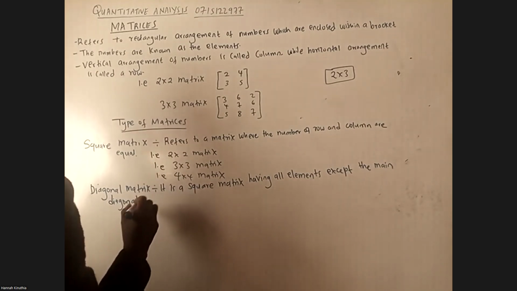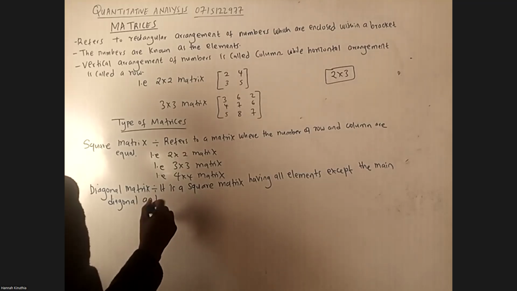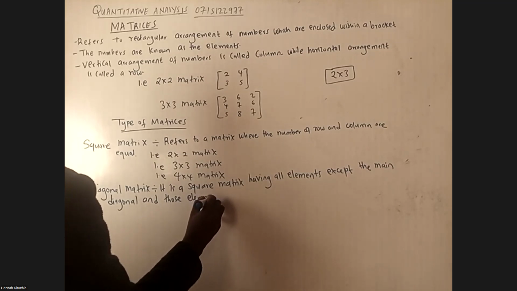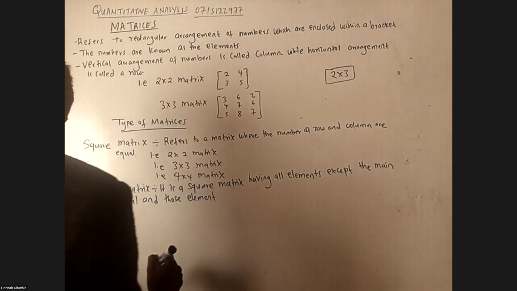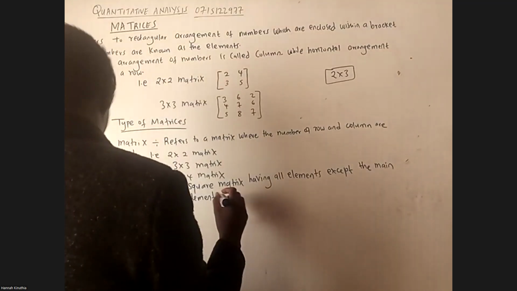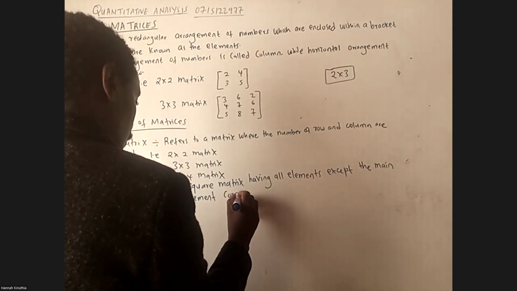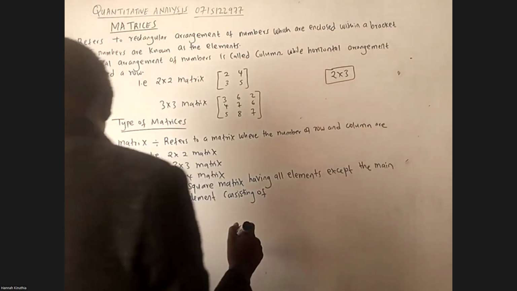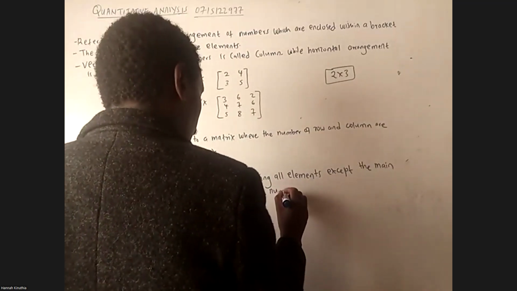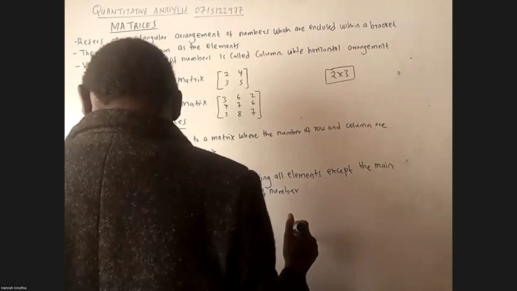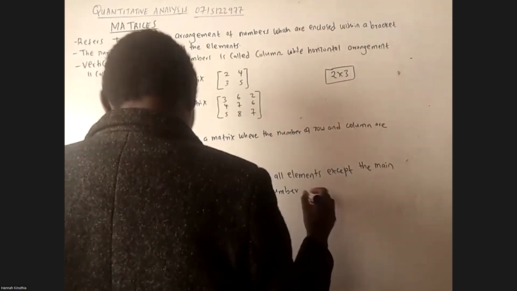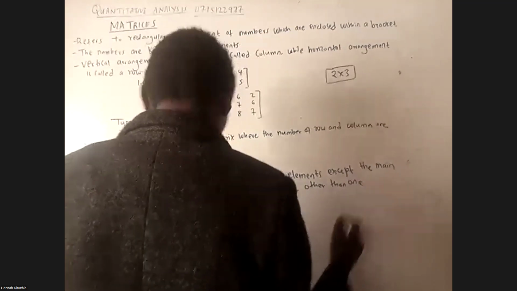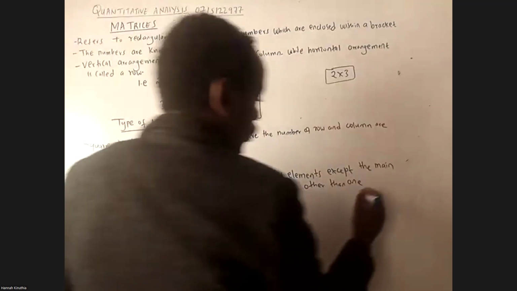And we can say those elements consist of numbers other than one as a diagonal matrix.